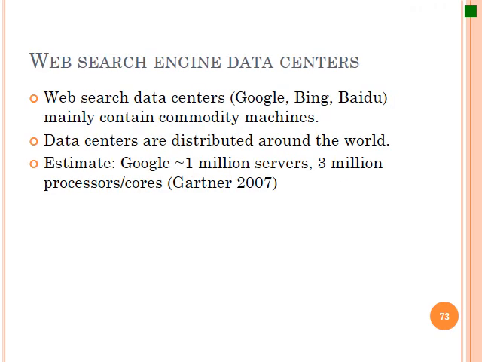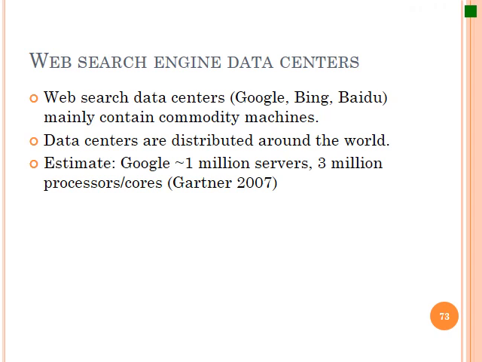Imagine that you have large web search data centers run by these big search giants. Generally, they contain a large number of commodity machines, and they deploy such data centers around the world.